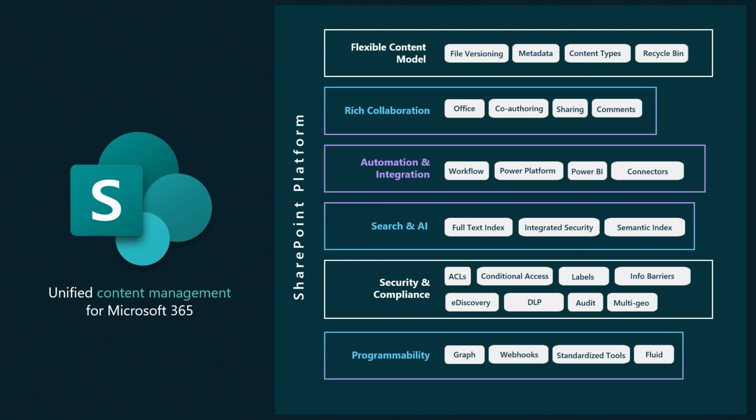And then also, when you build your custom applications on SharePoint Embedded, you get to provide the users of your apps all of the rich collaboration and co-authoring capabilities that Office has to offer right within your application. So that, again, is just part of the platform.